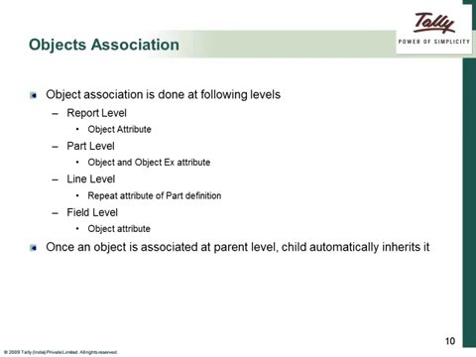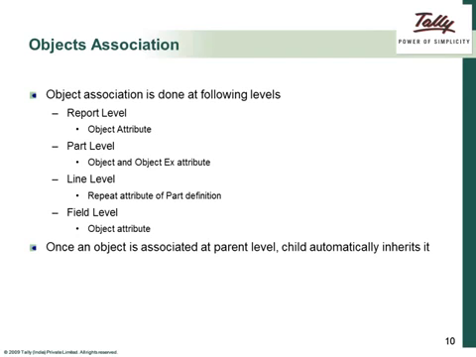Great. At report level, we have an attribute called object. That means at report level, a primary object can be connected. At part level, we have two attributes: an attribute called object and an attribute called object EX.